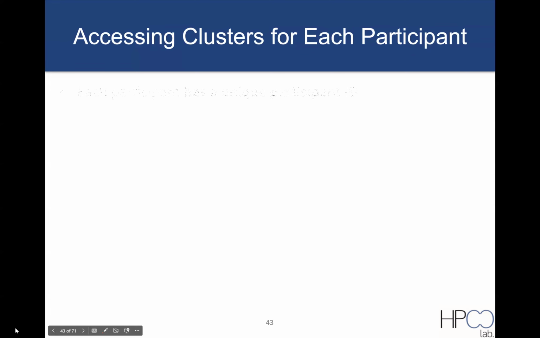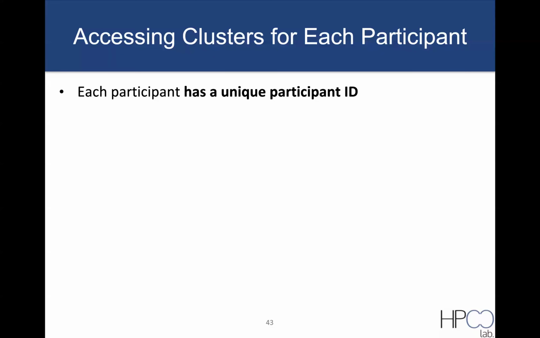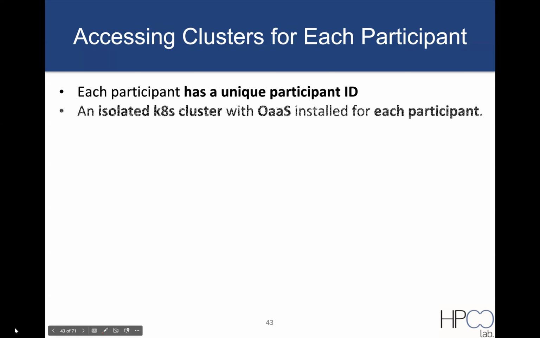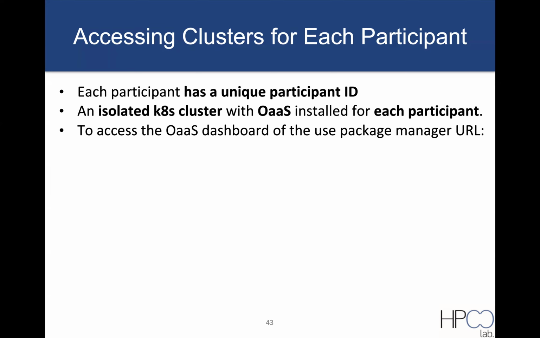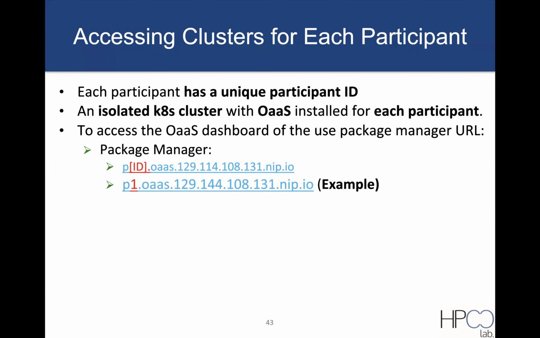To access the cluster, each participant has a unique participant ID, so let's say 1, 2, or 3. Like I said, we have created an isolated Kubernetes cluster with OaaS installed for each participant. To access the OaaS dashboard, which each of you will have separately, you can use this URL, which is p1.oas and so on.